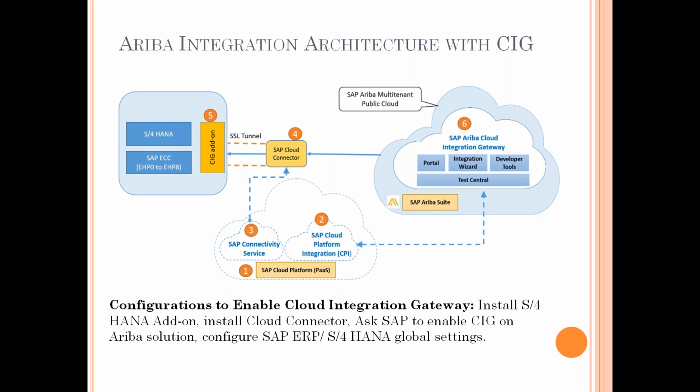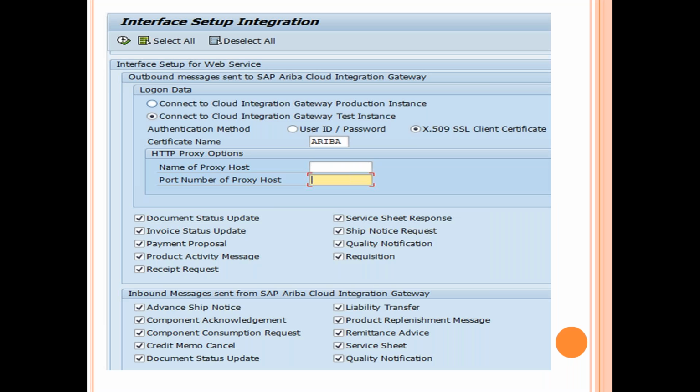So mostly we will not be able to show you the integration, but I have the integration guide. If you open that guide and sit in front of the system, from your side you can finish everything. Only the ABAP and the Basis activity will be pending. That's it. So you can see this is the interface setup integration.